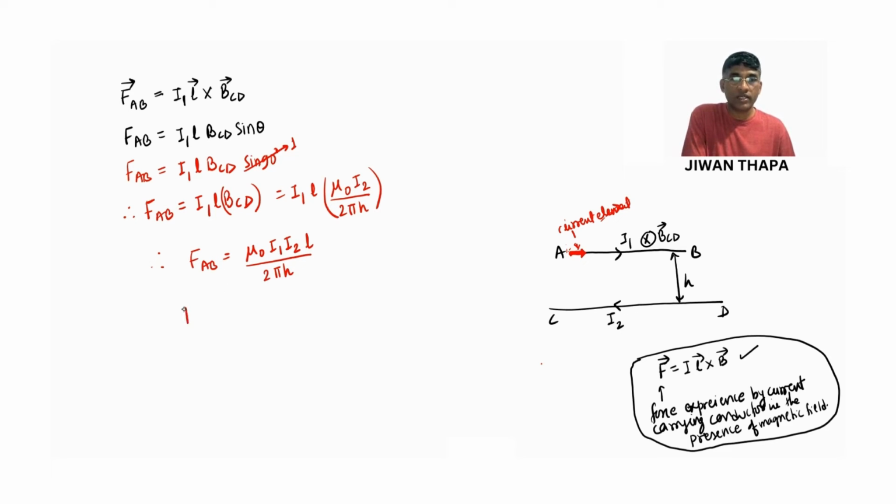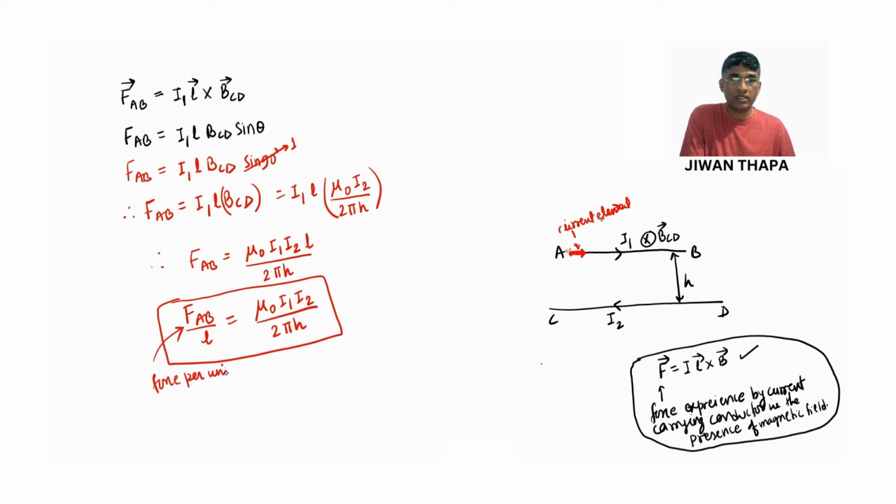So I'm writing it this way: F_AB by L equals mu naught I1 I2 by twice pi H. So this is the force per unit length on wire AB.